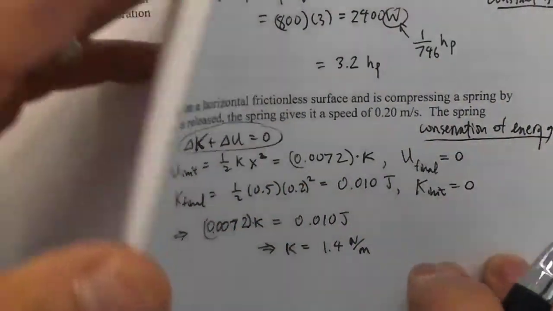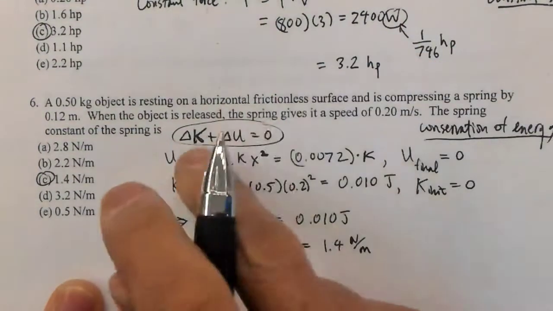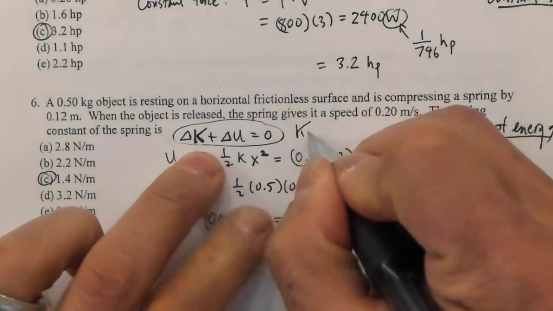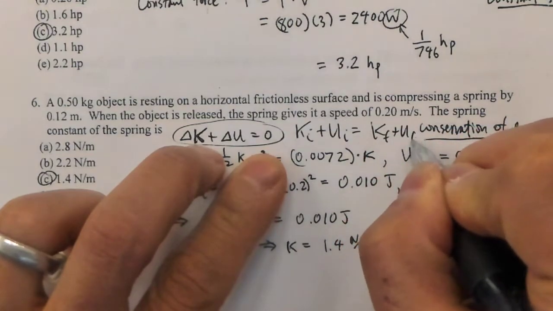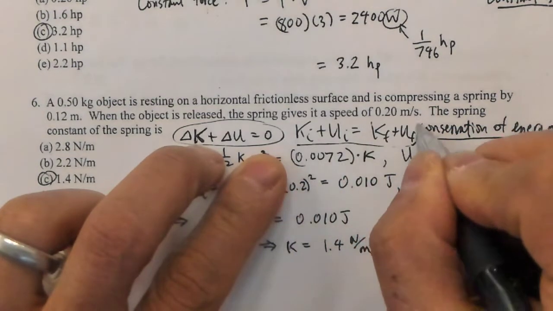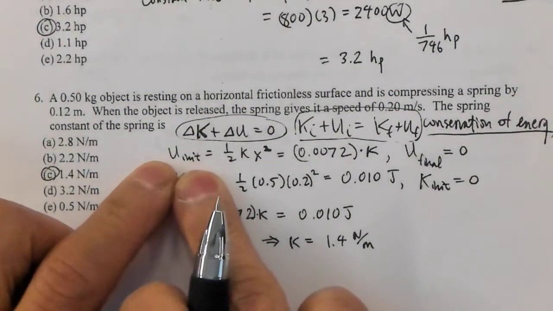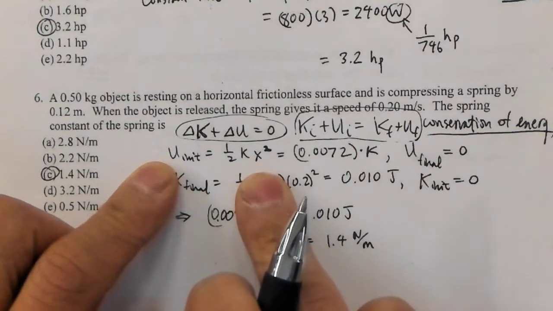What year was this? This was 5 years ago or 6 years ago. Students didn't like the way I wrote this, so that's why these days I always write it as K initial plus U initial is equal to K final plus U final. Students preferred writing it this way. Anyways, the initial U is 1/2 kx squared.